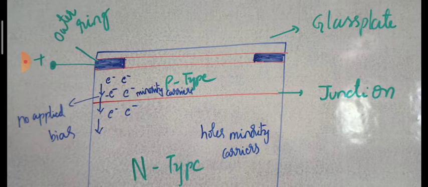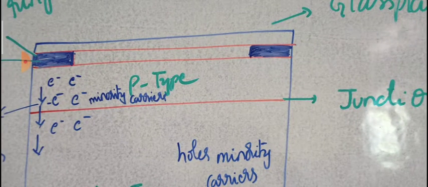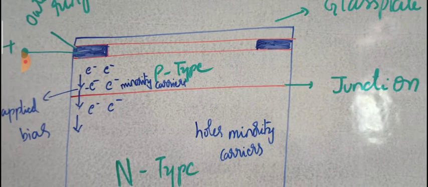As a result, electrons and holes are generated on each side of the junction. In p-type material, electrons being minority carriers will flow freely across the junction towards the n-type material. Similarly, in n-type material, holes are the minority carriers and hence they can freely move across the junction with no applied biasing voltage.